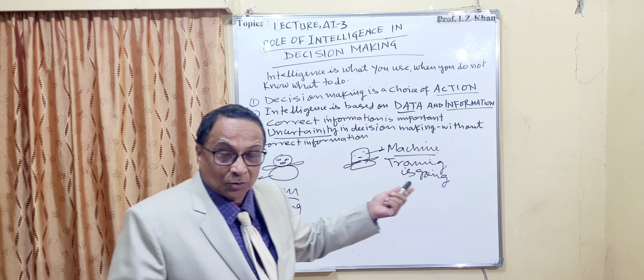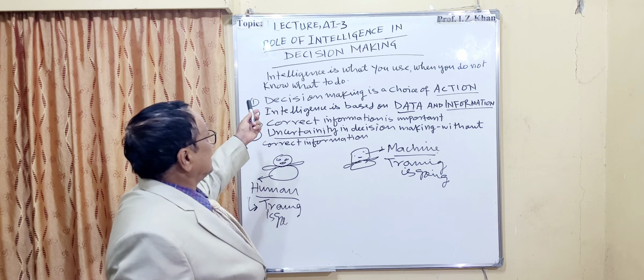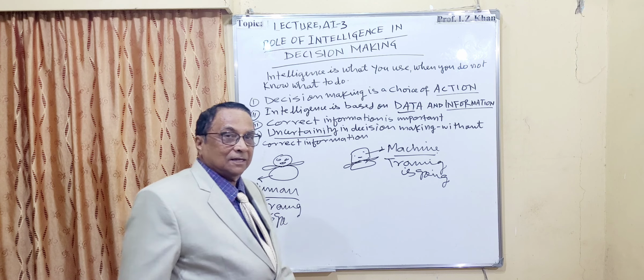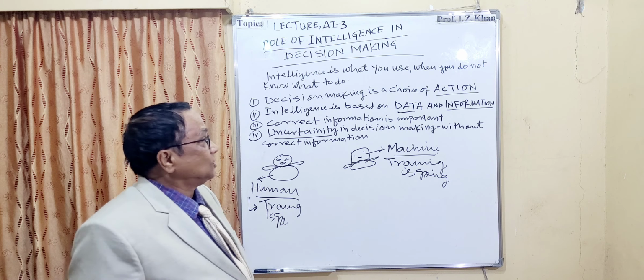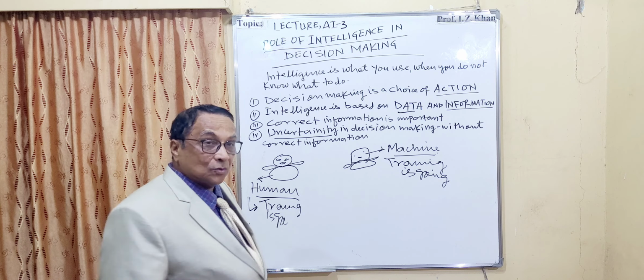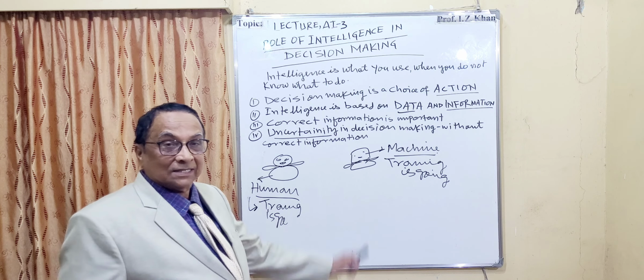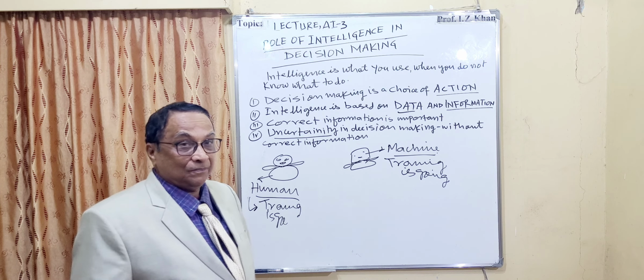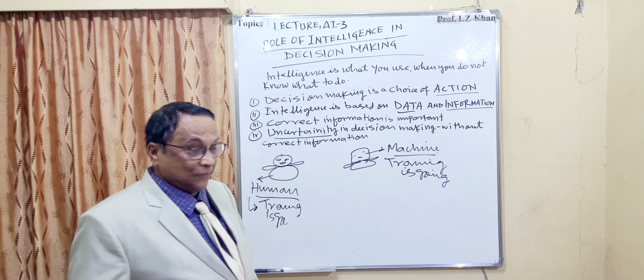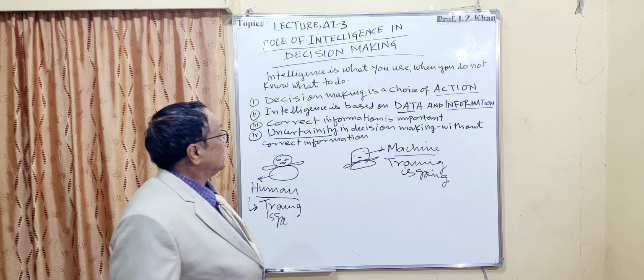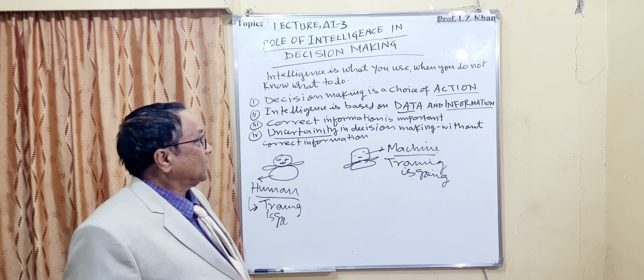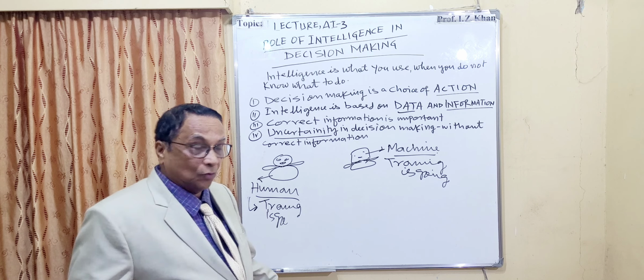And I have already told you that the definition of intelligence is what you see when you do not know what to do. That is today's very powerful definition of intelligence: intelligence is what you see when you do not know what to do.